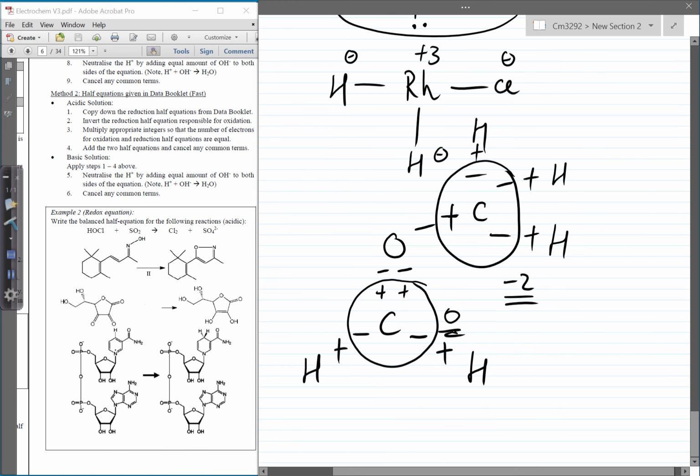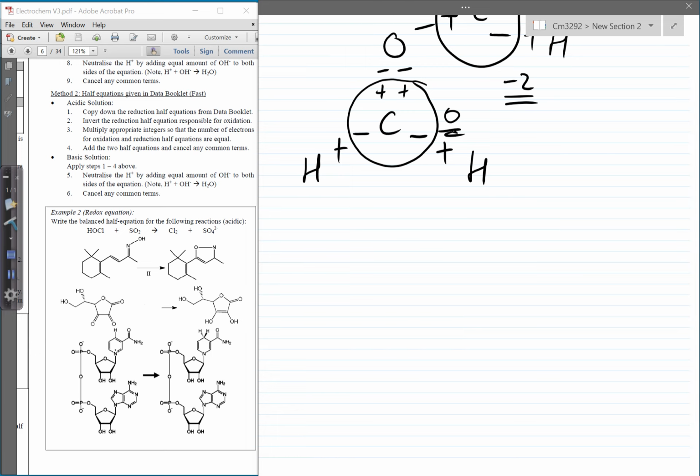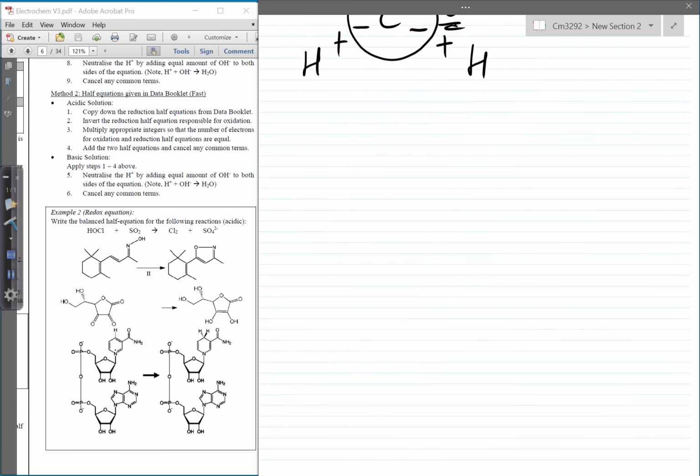Okay, so you can try example 2. The first two organic molecules are prelim questions, right?